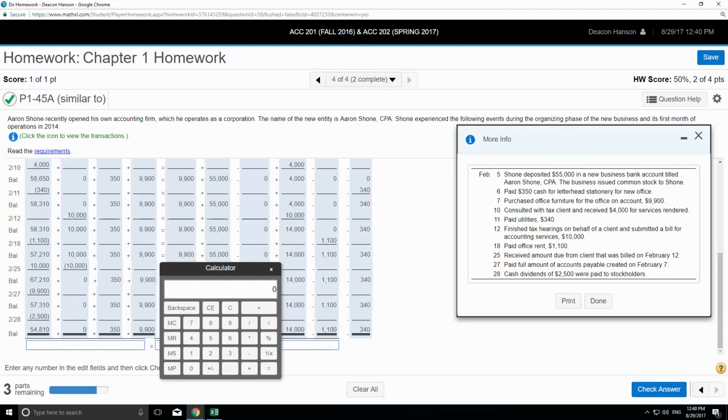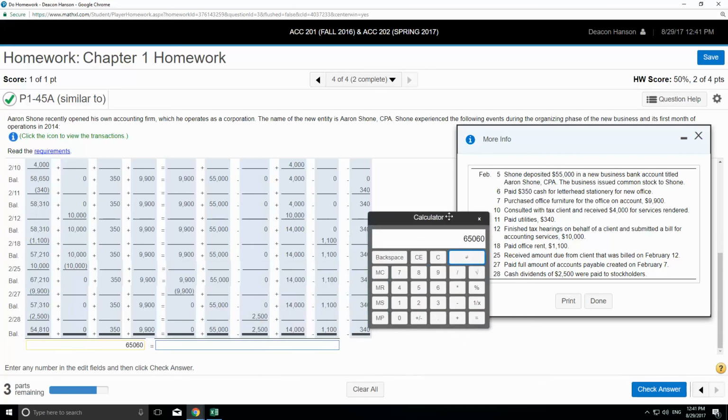So cash, 54,810, plus 0 in accounts receivable, plus 350 in office supplies, and 9,900 in furniture. So I get 65,060.